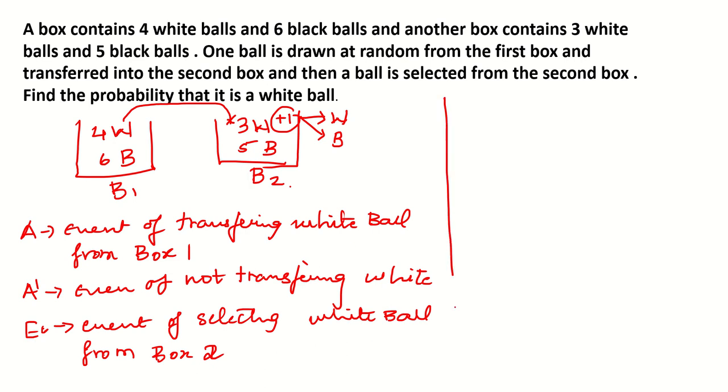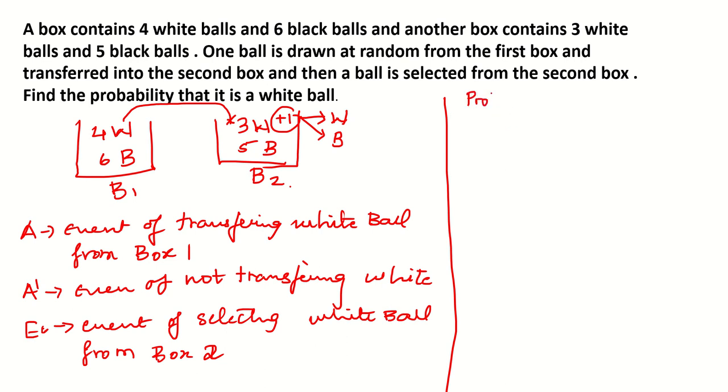Now we have to find the probability of selecting a white ball from the second box. This probability of E will depend on the ball selected from the first box. If a white ball was selected from the first box, it will be different, and if it is a black ball, it will be different. So let us do that.